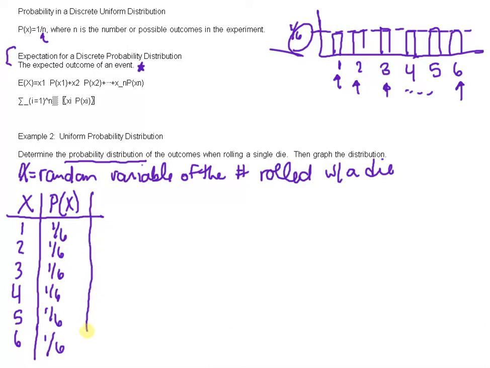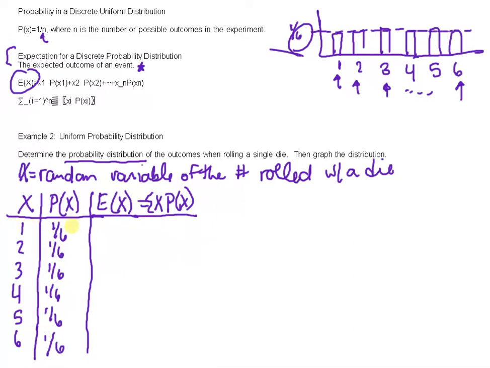So I'm just going to take this one step farther, only because we have it already here. If we want to solve for the expectation, the expectation of x is the sum of all of the x's times the p at x.